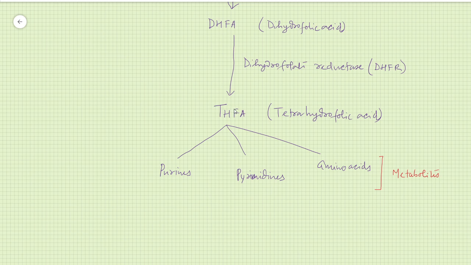So from this we understand that folic acid is essential for synthesizing purines, pyrimidines, and amino acids.